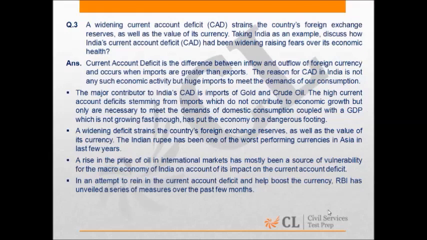India's large current account deficit has been fueled by heavy gold and crude oil imports. Eventually, the rupee depreciation has served as an automatic check on gold imports by making the yellow metal expensive. To discourage the widening current account deficit, the government has decided to curb gold imports and other measures have been taken.